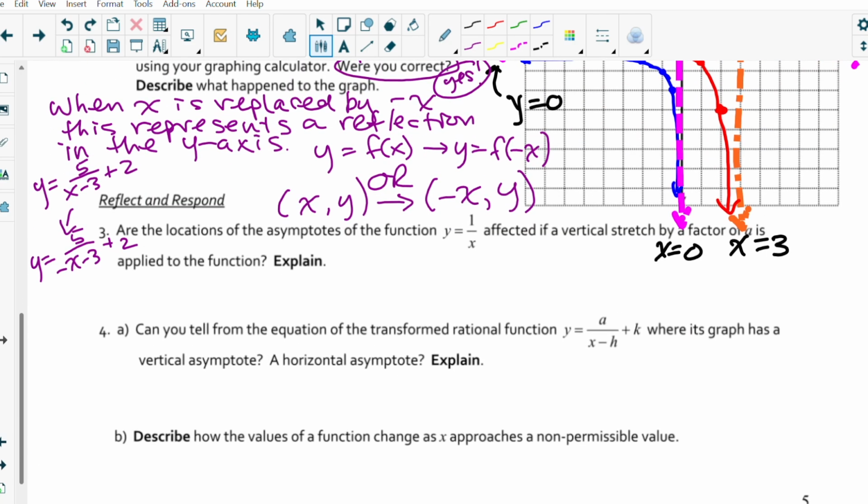Okay, next one. Reflect and respond. Are the locations of the asymptotes of the function y equals 1 over x affected if a vertical stretch by a factor of a is applied to the function? The answer is no. Okay.